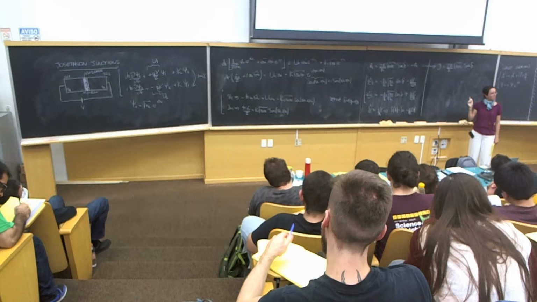So something that you get by making this phase difference through the different paths the same is that the difference in the phases from these two junctions is actually controlled by the flux you're passing through this loop.